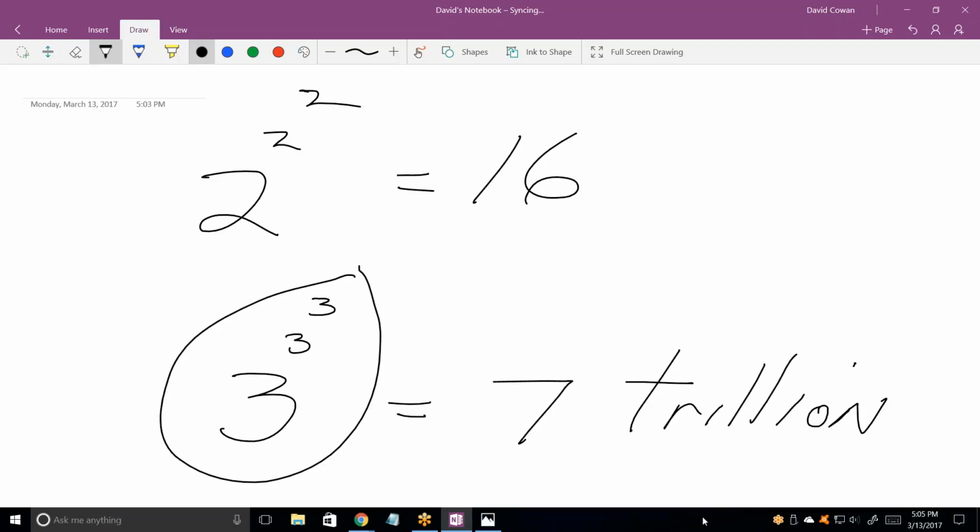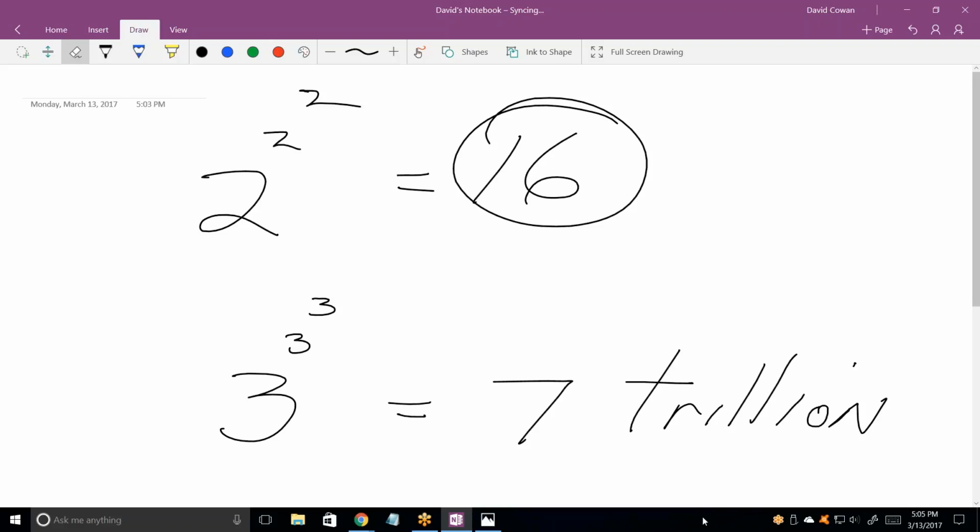It's because 2 to the 2 to the 2 doesn't get very big. It's 16. But 3 to the 3 to the 3, and the reason I bring this up is because if I don't use parentheses, you go from the top down. So this is the equivalent of 3 to the 27th power.